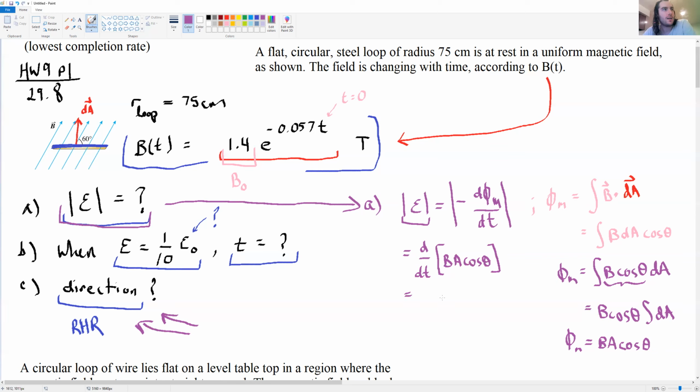Which of these quantities is changing with respect to time? Somebody besides David. Magnetic field, right? Only the magnetic field is changing with respect to time.